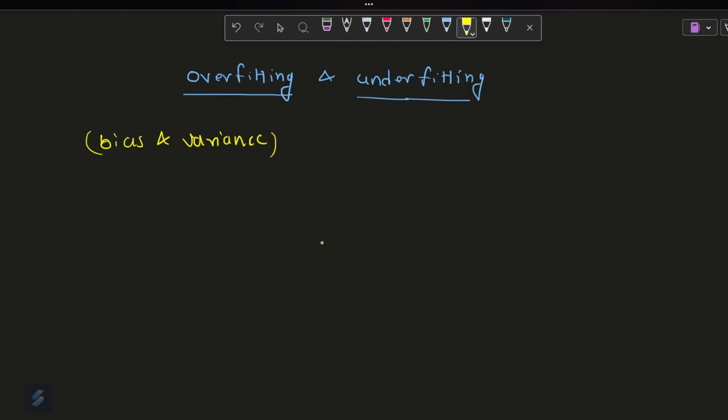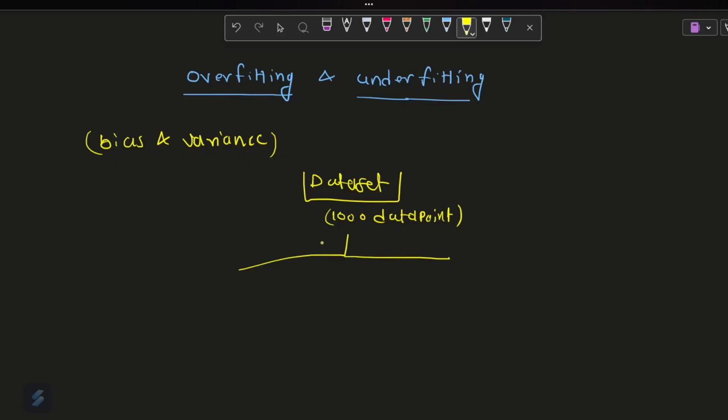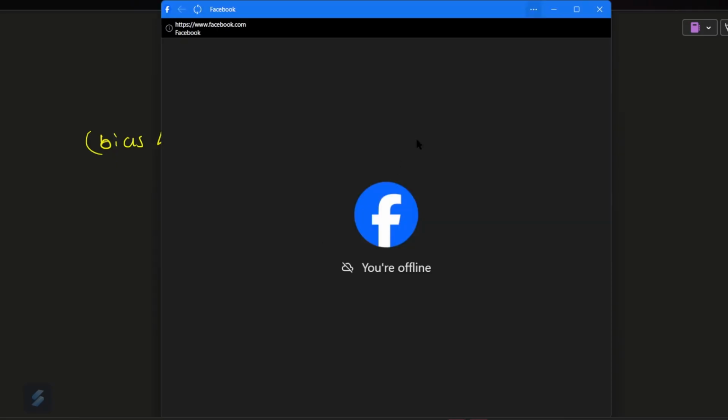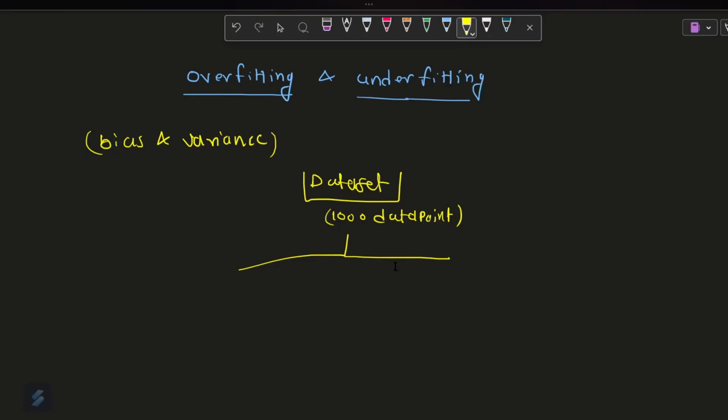First we start with a data set. Let's consider we have a data set with a thousand data points. We split it into two parts: one is the training set and the second is the testing set.